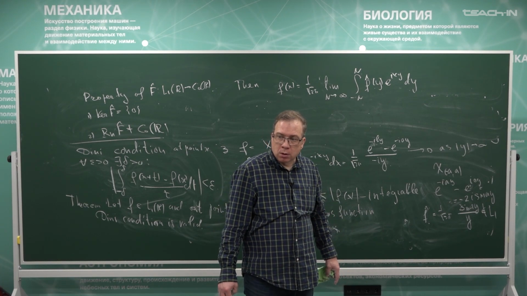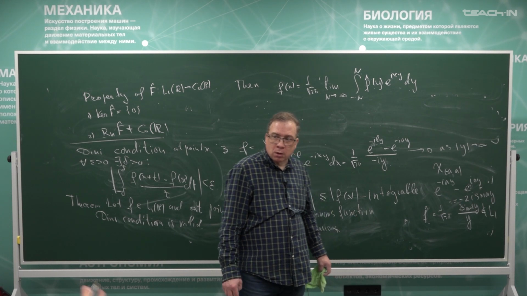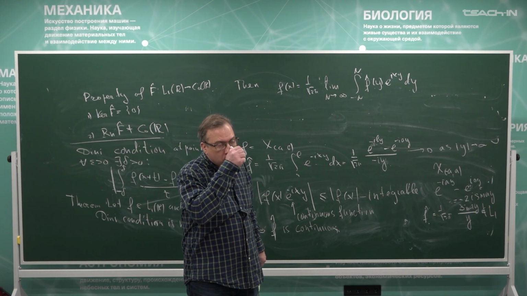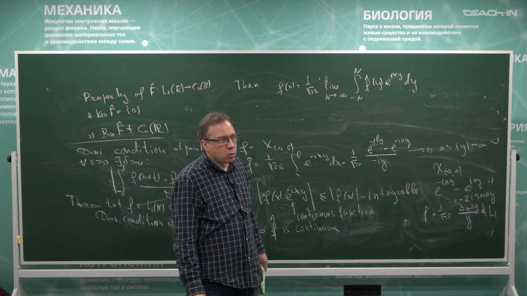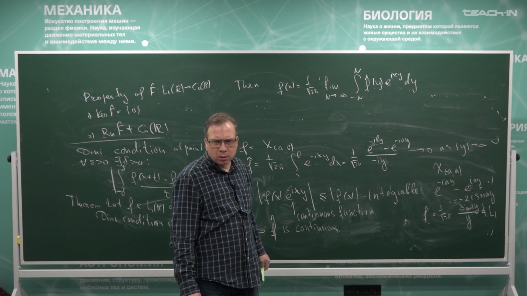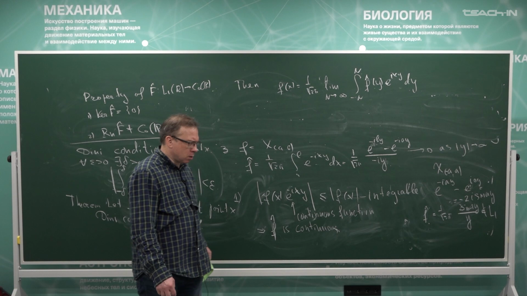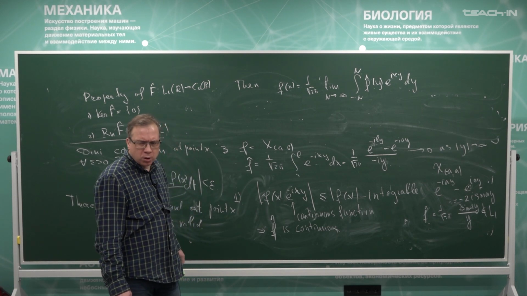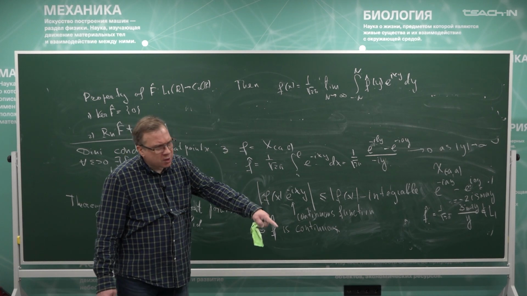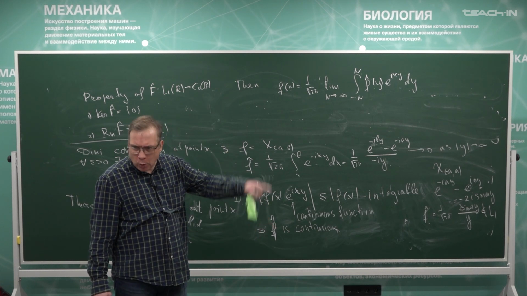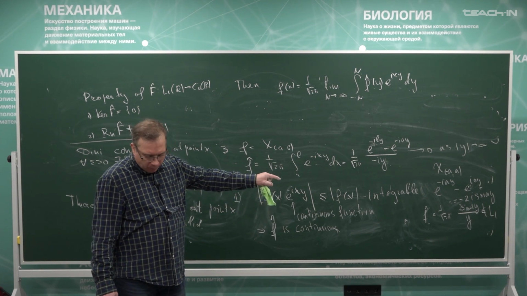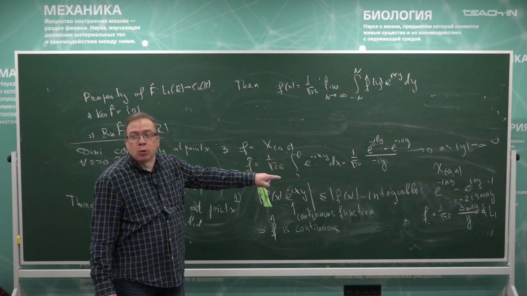But without absolute values, this integral exists by the Dirichlet property. 1 over y goes to 0 monotonically, and all primitives of sine are bounded.